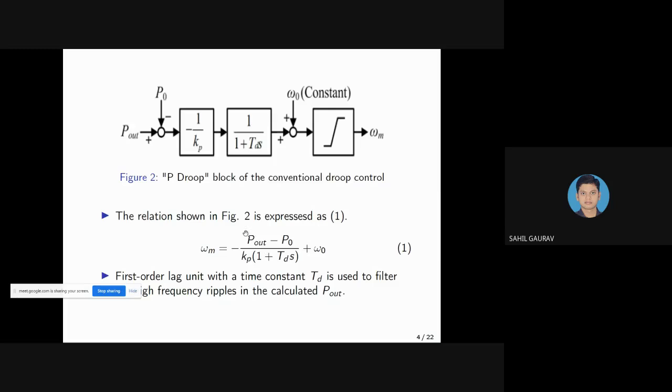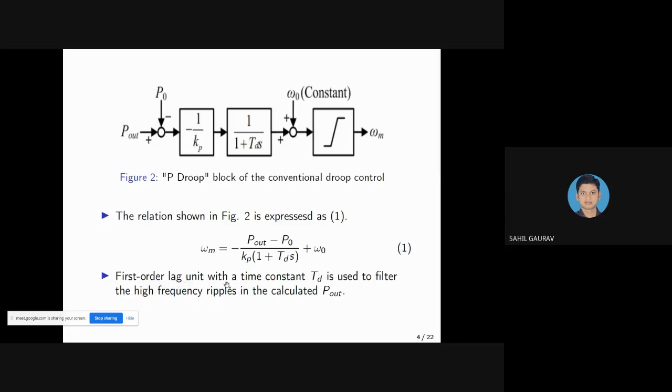Suppose P out is greater than P naught, then this whole numerator part comes out positive, and it is subtracted from omega naught, thus omega m decreases. And suppose P out is less than P naught, the upper part comes out negative, and thus something will be added to omega naught, and hence omega m increases. So from here you can also verify the working of the P droop.